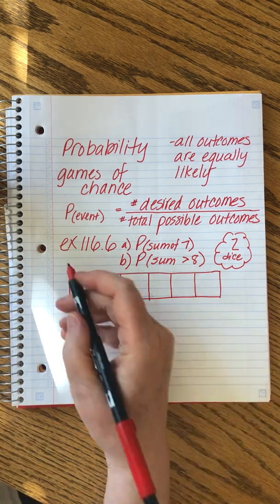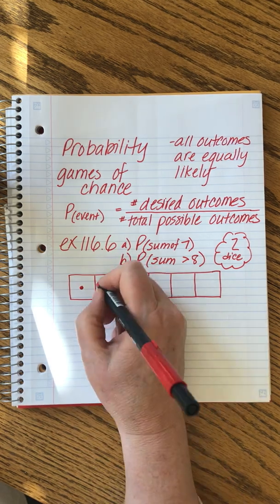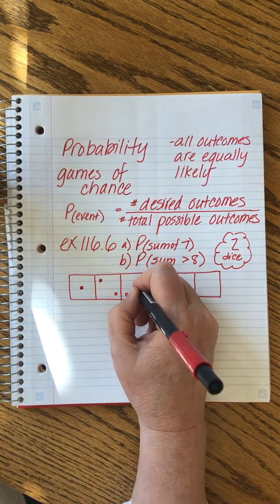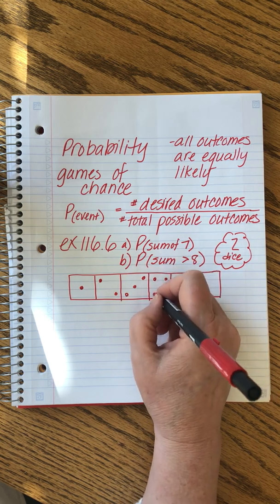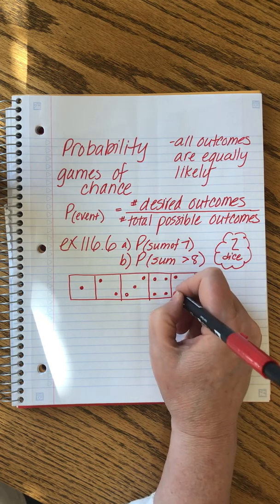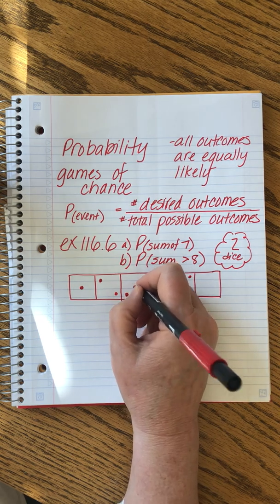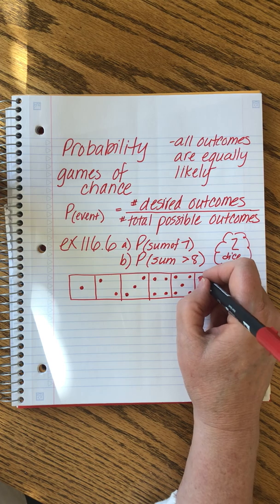And we know that the sides look like this. There's a 1, there's a 2, there's a 3, there's a 4. Are you having fun drawing these? I am. There's a 5, except I want to go back and color those in a little better. There's a 5 and then a 6.